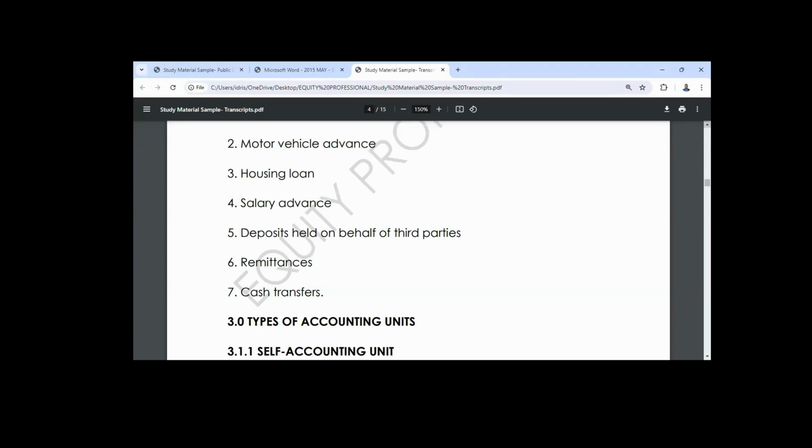Transcript too has receipts and payments. The debit of transcript is receipts. The credit of transcript is payments. Our receipts can be broken down into two: above the line receipts and below the line receipts. Our payments too can be broken down into two: above the line payments and below the line payments.